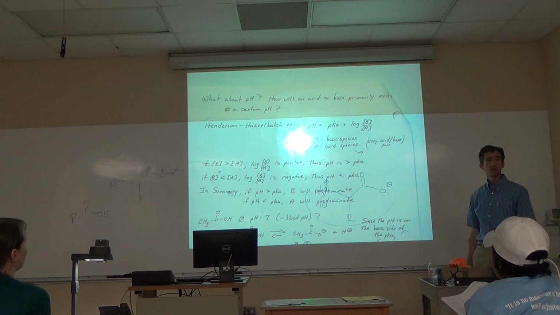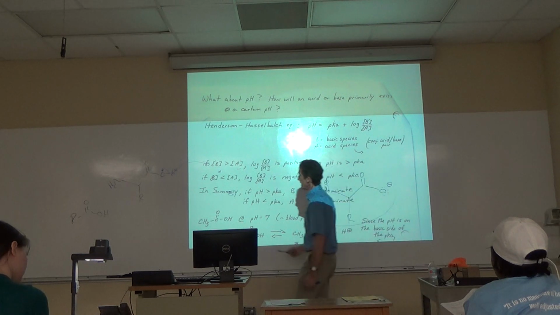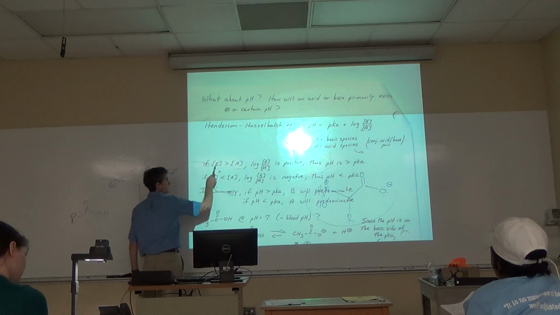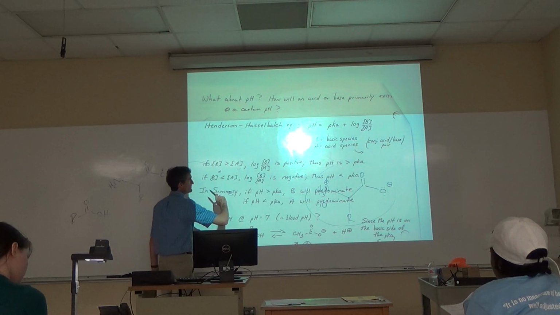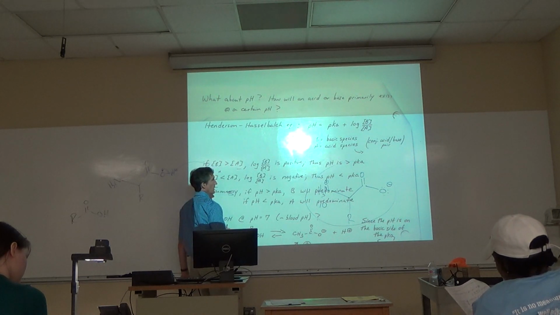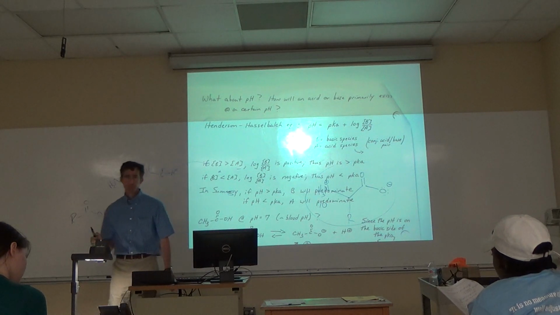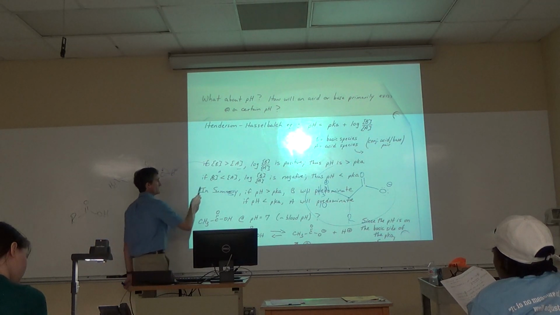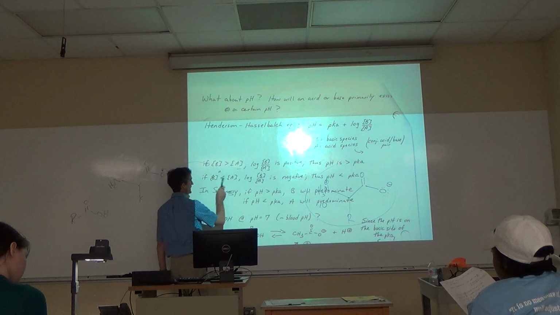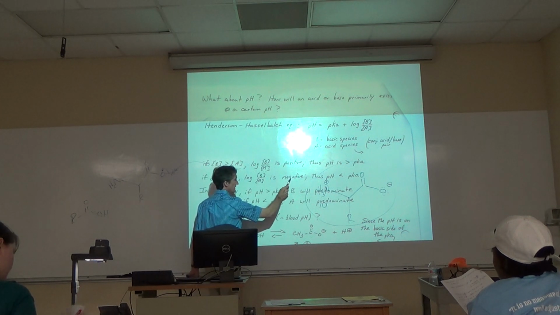Conjugate acid-base pair. Now it turns out if the basic species, that's concentration brackets, right? The concentration of that is greater than A, then log of B over A will be positive. Thus pH will be greater than pKa if you work through the numbers. On the other hand, if B concentration is less than A, that if A predominates, then log of B over A will be negative.